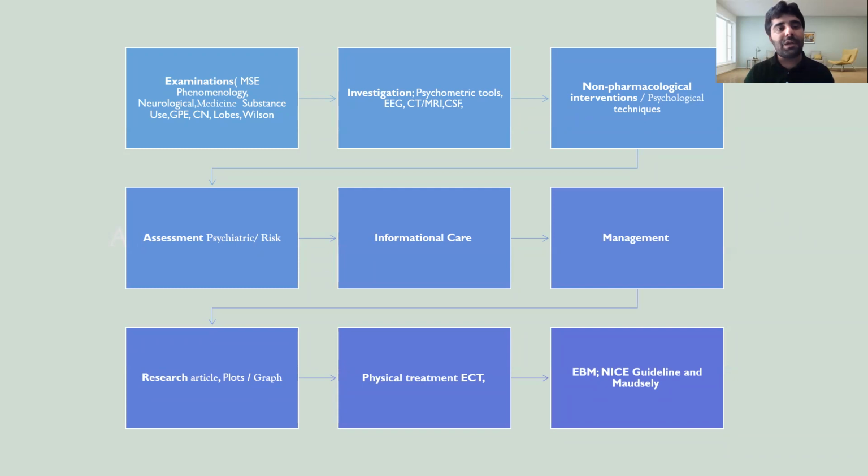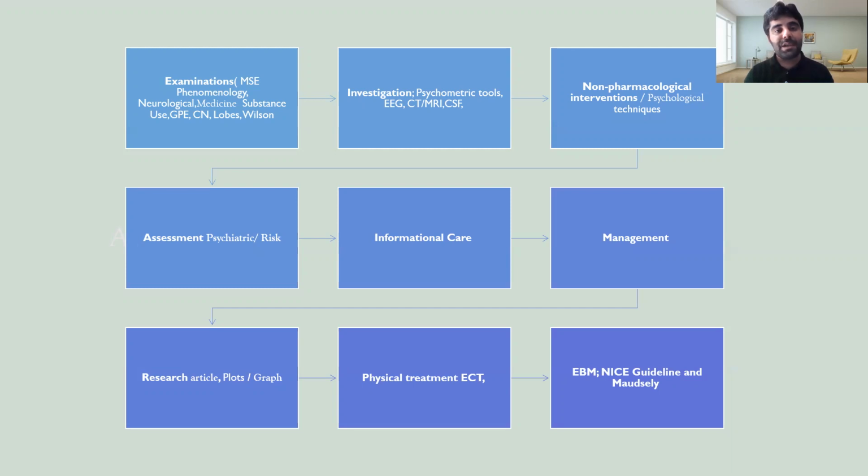The areas which are important include examination, especially mental state examination, which includes the phenomenology or the assessment of mental state for psychosis, the Schneiderian first rank symptoms, the assessment of the depressive symptoms, and neurological examination, especially the cranial nerve, motor and sensory examination, the lobes examination, and Wilson disease examination, which is actually a combination of different systems, which includes the general physical examination, examination of the motor system, abdominal examination, and the endoscopy.